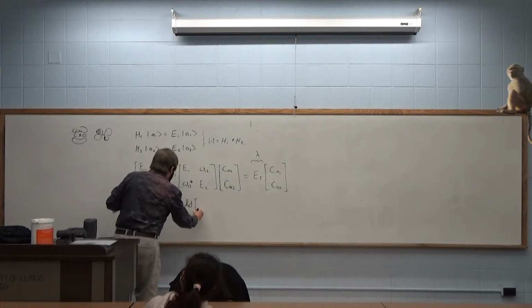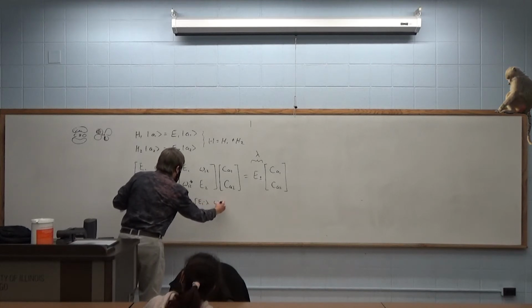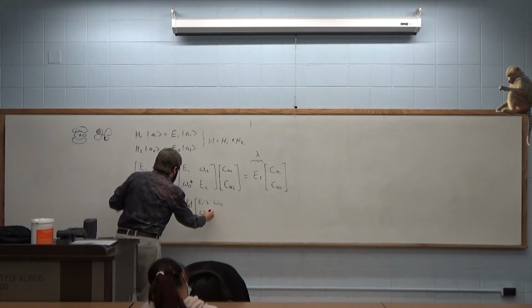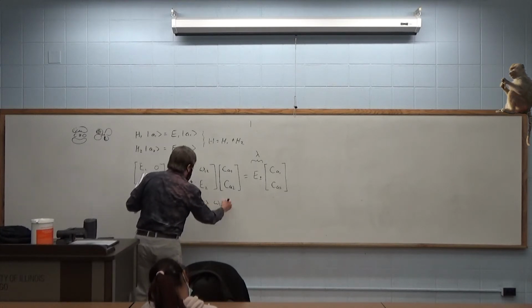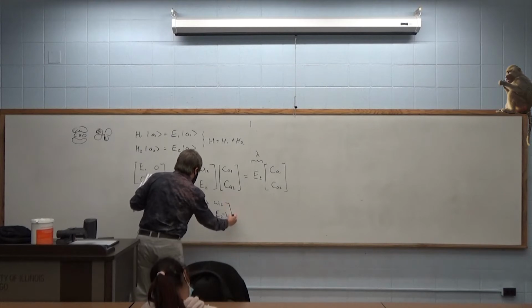Again, remember that it's just a math theorem that the determinant of the Hamiltonian minus the identity matrix times the eigenvalues, well, what I'm doing is I'm solving this for lambda.